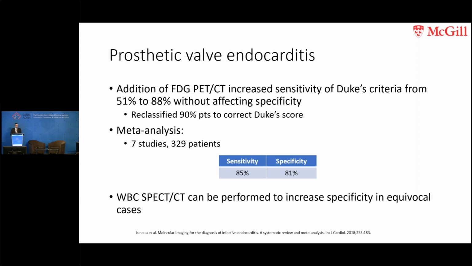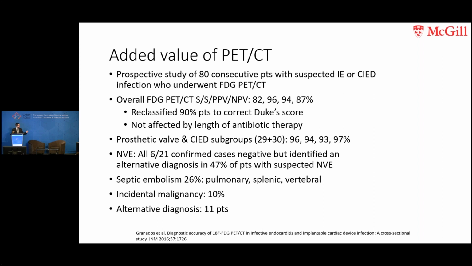Given the much higher sensitivity of FDG PET, it is, in my opinion, the recommended first step to look for prosthetic valve endocarditis. There is sometimes difficulty because of the physiological uptake in the prosthetic valves. I would use a white blood cell SPECT CT as a second step in those cases that are equivocal on FDG. Or, like Dr. Pryor, autologous labeled white blood cells.